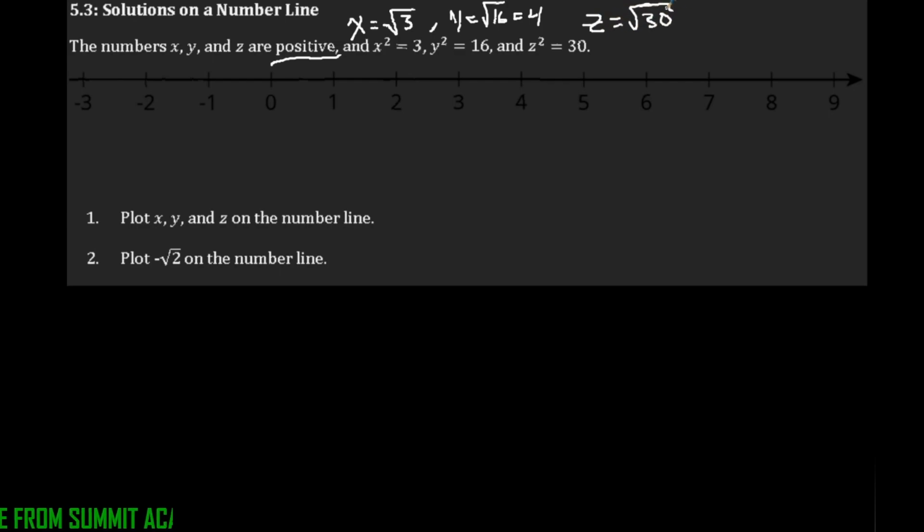So even though I don't know those exact values, I can find the square root of 16 because that's a perfect square. And what you can do is build this number line so that it's a little bit easier to see.